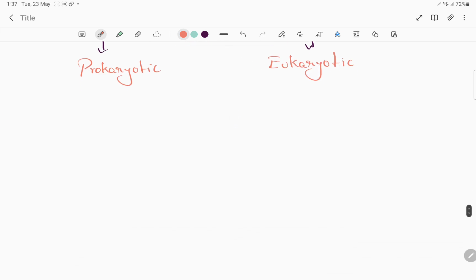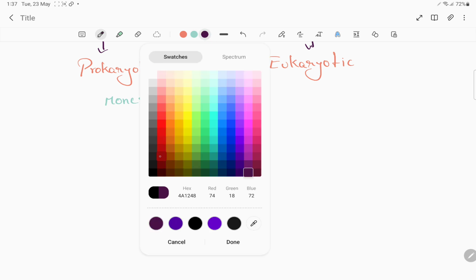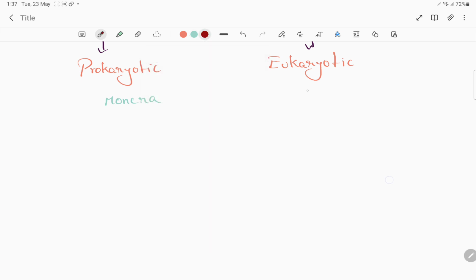Under prokaryotic you have Monera. Under eukaryotic, which is again divided into two categories, unicellular or multicellular.